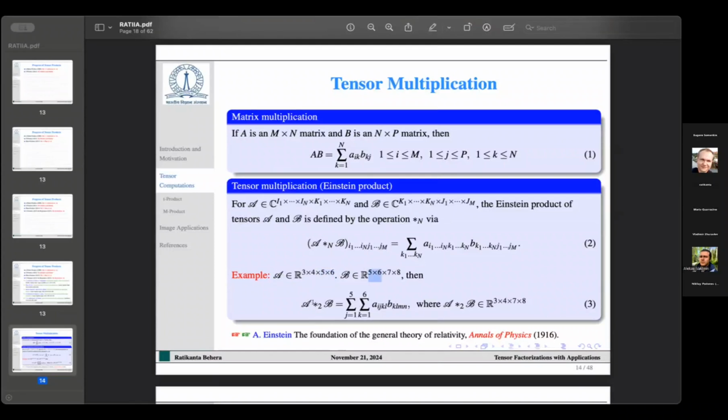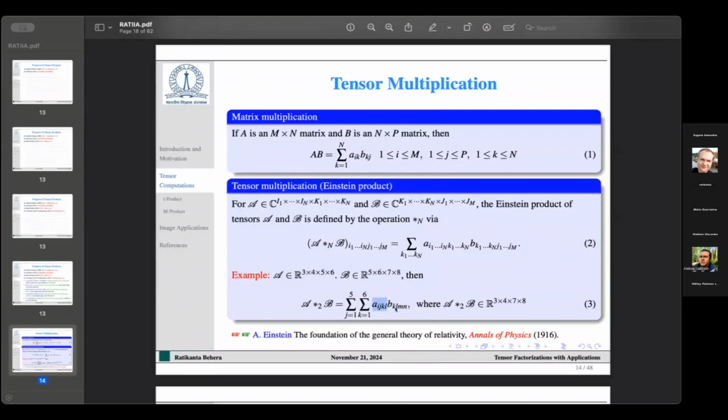Which ones are overlapping? The third and fourth index, which are 5 and 6, that is j equal to 1 to 5 and k equal to 1 to 6. The elements of the A tensor are a_ijkl, and of B are b_klmn. Then A star 2 B is represented in this way.